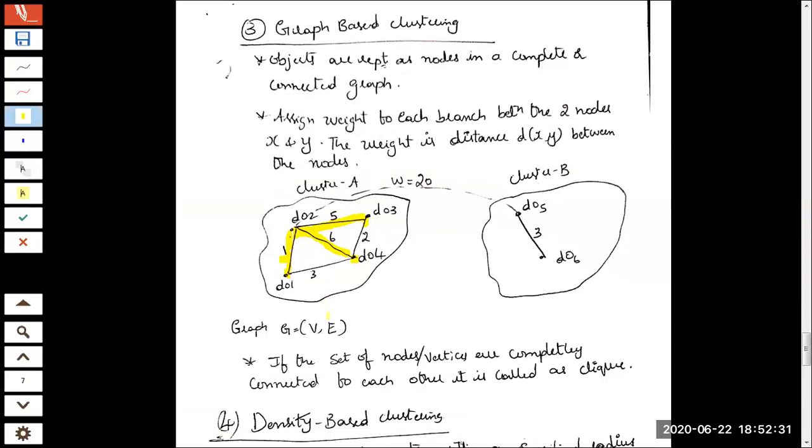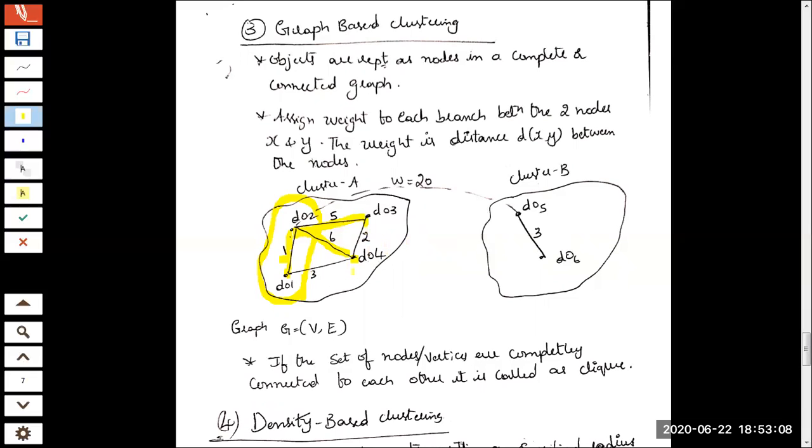Now, how to understand the significance of this weight? What does the number 1 mean, 5 mean, 6 mean here? Okay. So a value 1 means data object 1 is closely related to data object 2. So you can see here in this instance, the distance between data object 1 and data object 2 is 1, meaning a very close relation. As the value increases, the closeness of the data objects decreases.